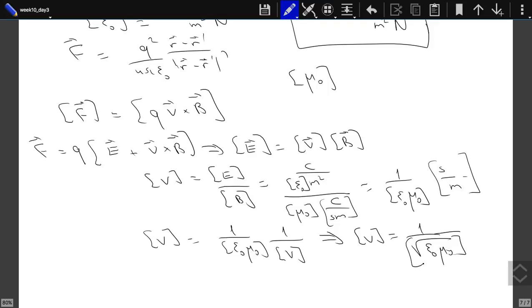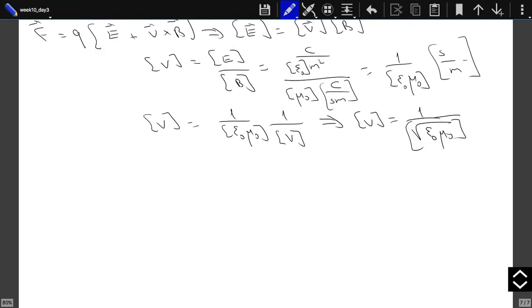Well, this is a characteristic speed of electromagnetic processes. It's a property of electromagnetic processes, this speed. And 1 over the square root of epsilon 0 mu 0, if you just put in the numbers, turns out to be 3 times 10 to the power 8 meters per second, approximately.